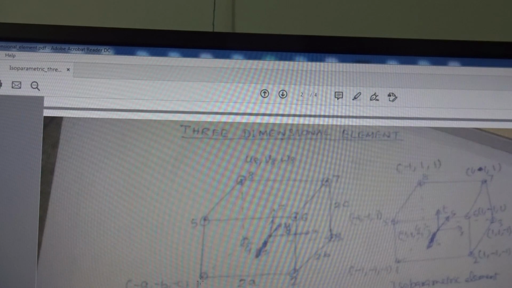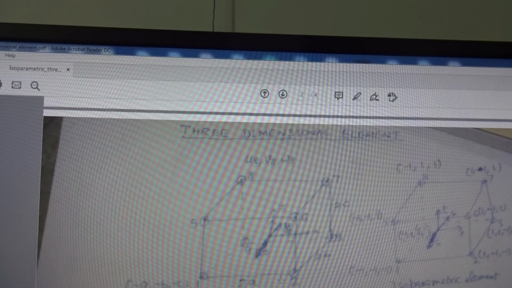So you can write the coordinates of nodes 1, 2, 3, 4, 5, 6. Here I have written the coordinate of node 1. This one is minus a, minus b, minus c. Similarly, you can write the coordinates of the other nodes. Degrees of freedom for node 1 are u1, v1, and w1, because it is three-dimensional.